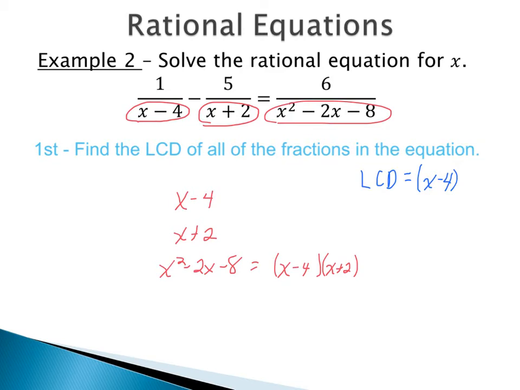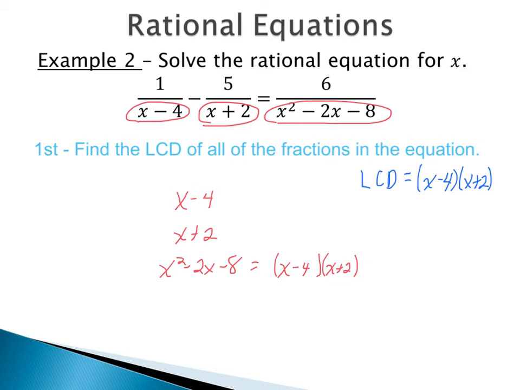I then move on to my next factored denominator, which was this x plus 2, and I go over to what I have so far for my lowest common denominator, and I say, okay, do I have an x plus 2 over here yet? Well, I don't, because I only have an x minus 4. If I don't have the x plus 2, I need to multiply it in.